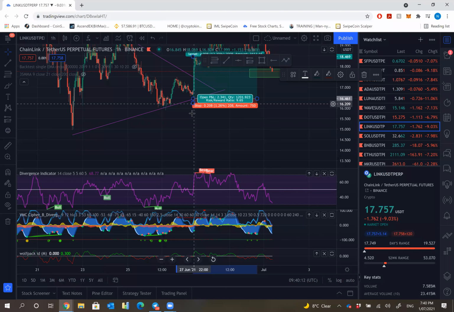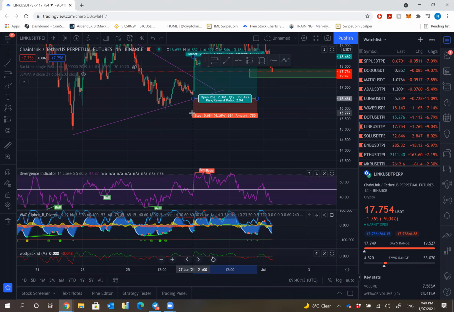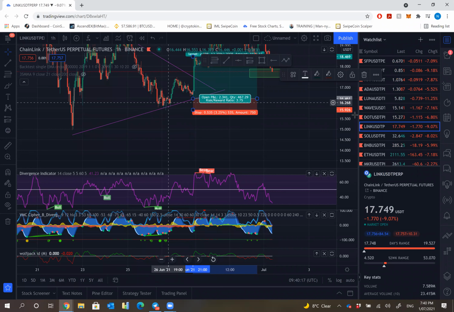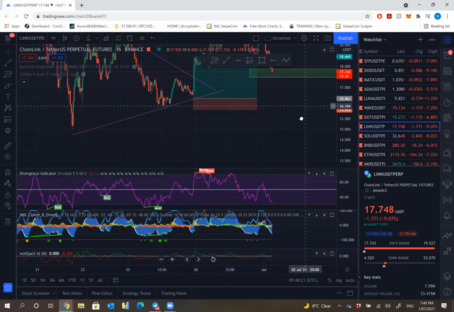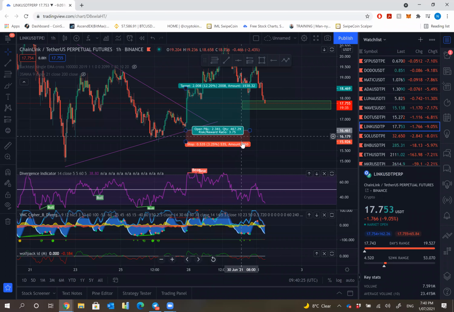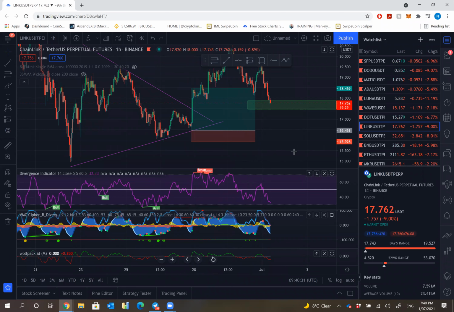So the way that I do it is I put my stop loss a little bit below the last low. Now with altcoins, that's 3.25% times 20, so you're looking at about 70% loss in your trade.